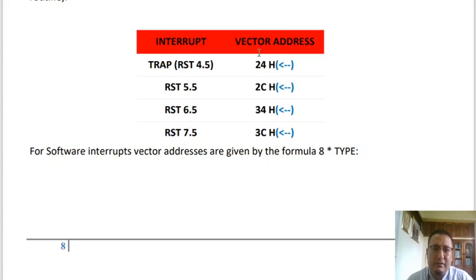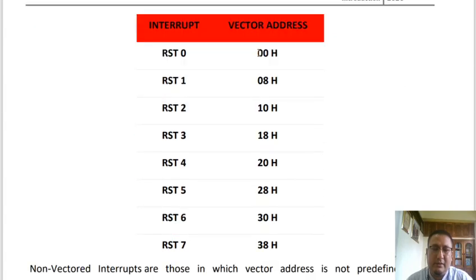Now, for software interrupts, the vector address is calculated using the formula 8 into the vector type. We have 8 software interrupts, RST0 to RST7. We calculate the vector address by multiplying the interrupt number with 8.